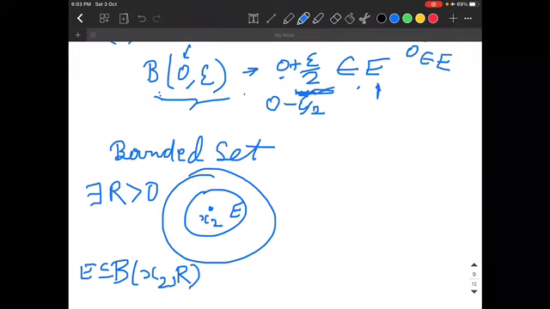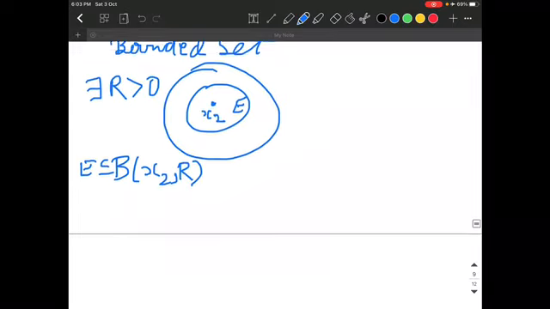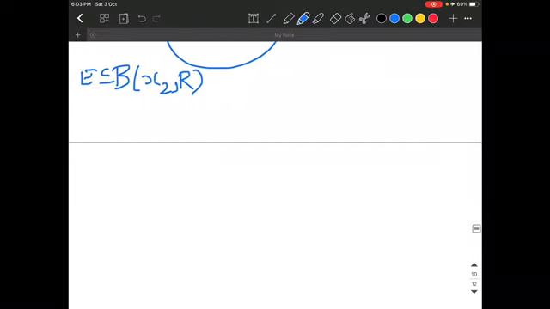So having discussed the definitions of interior point, limit points, isolated points, etc., let's take one example. Let's say this X is the real plane R2, and E is a set of real numbers.